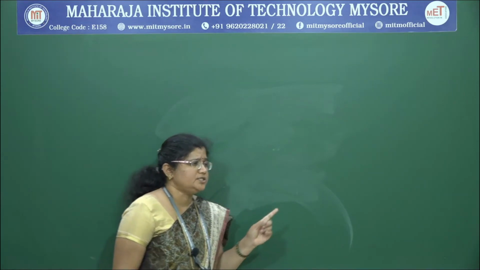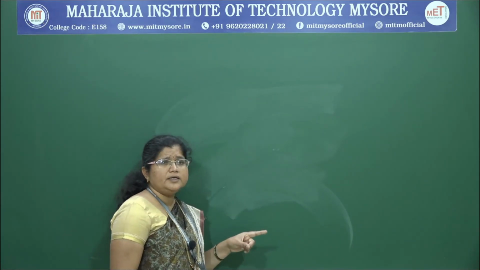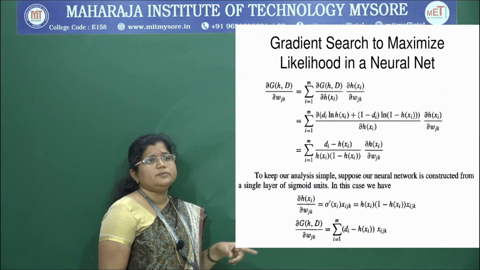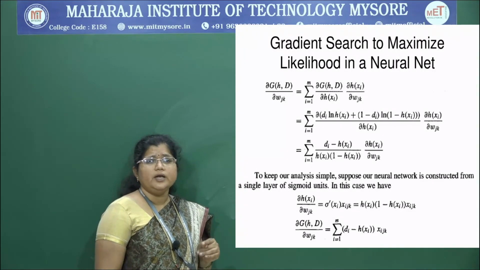Now, let us have the partial derivative of a gradient search to maximize the likelihood in a neural net.